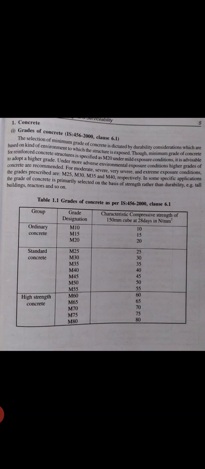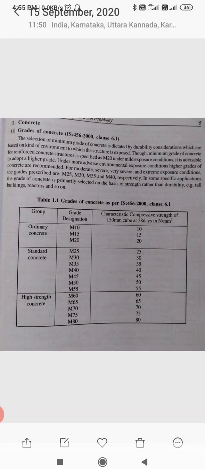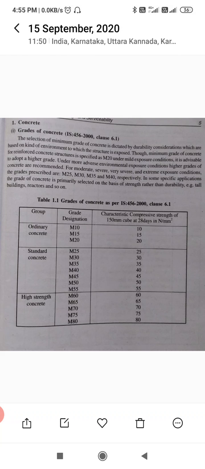So the selection of minimum grade of concrete is designated by durability consideration. That is, the durability factor is mainly considered when deciding the grade of concrete. Considerations are based on the kind of environment to which the structure is exposed.